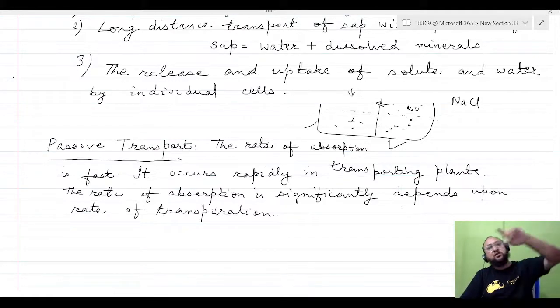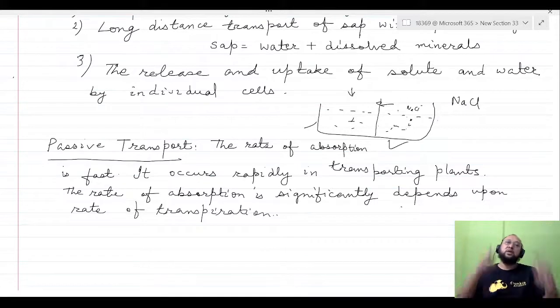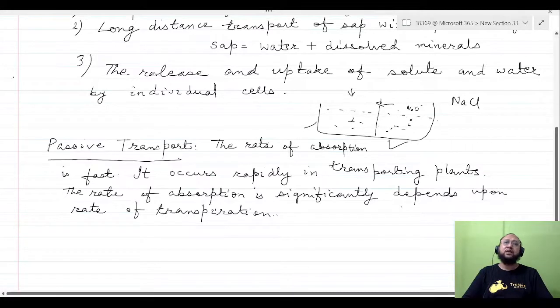When the transpiration is occurring continuously, there is continuous absorption of water. When the transpiration is not occurring, when the weather is quite humid and the wind is not blowing, there is very little or no transpiration, so the water is not lost, and that will cause very little absorption of water from the roots.